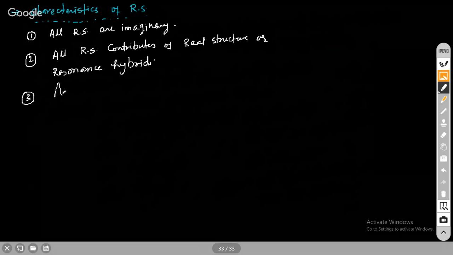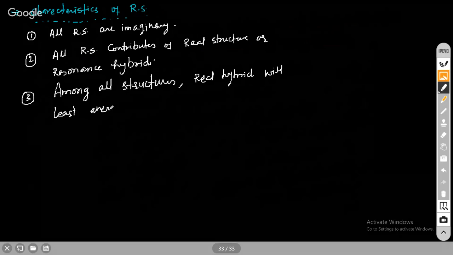Next one, write down. Among all structures, the real hybrid or resonance hybrid, both are the same thing, will have the least energy and it is most stable.